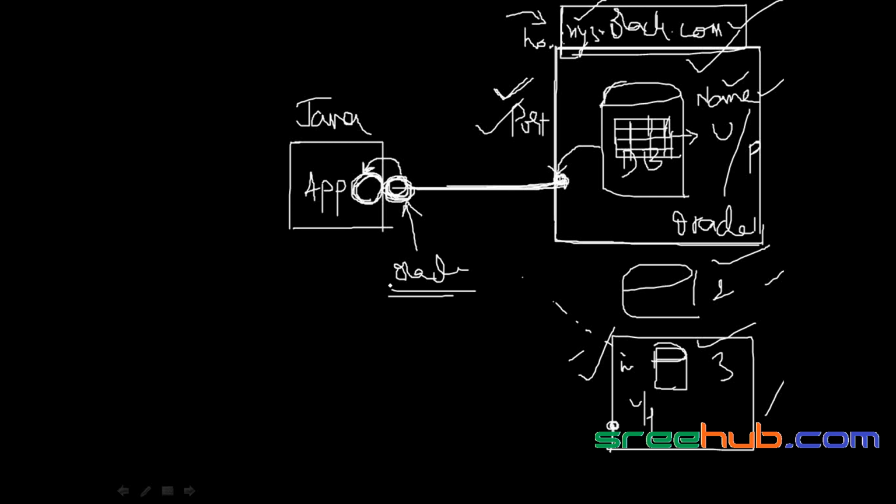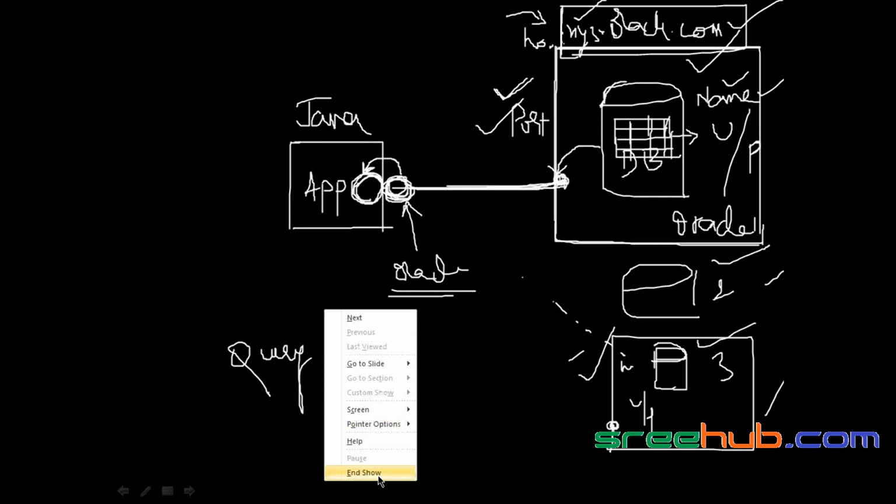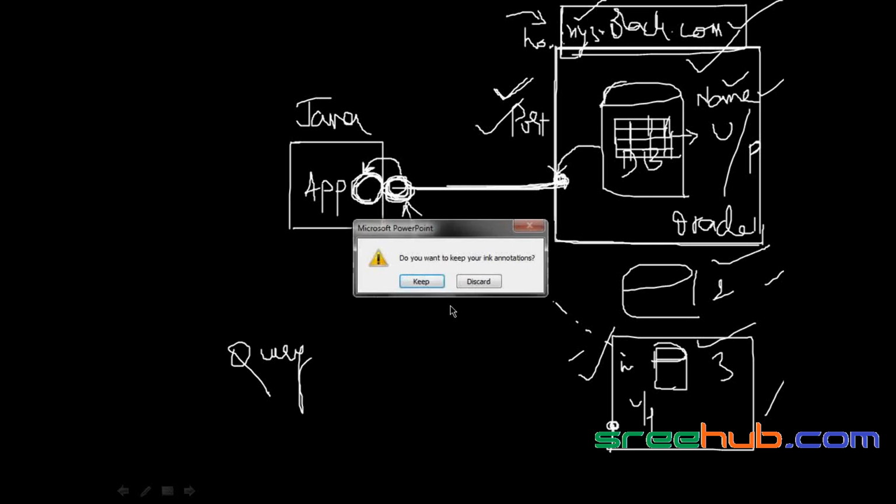So the third step is that you have to frame a query. Query in the sense, the basic queries of a database, like select star from some table name and all. So now let me write even those things in here.